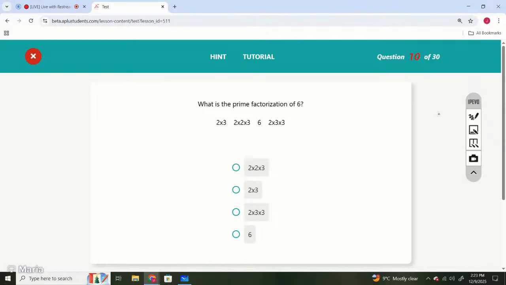That is 2 times 3, which is 6. Option number 2 is the correct option. What is the prime factorization of 9?